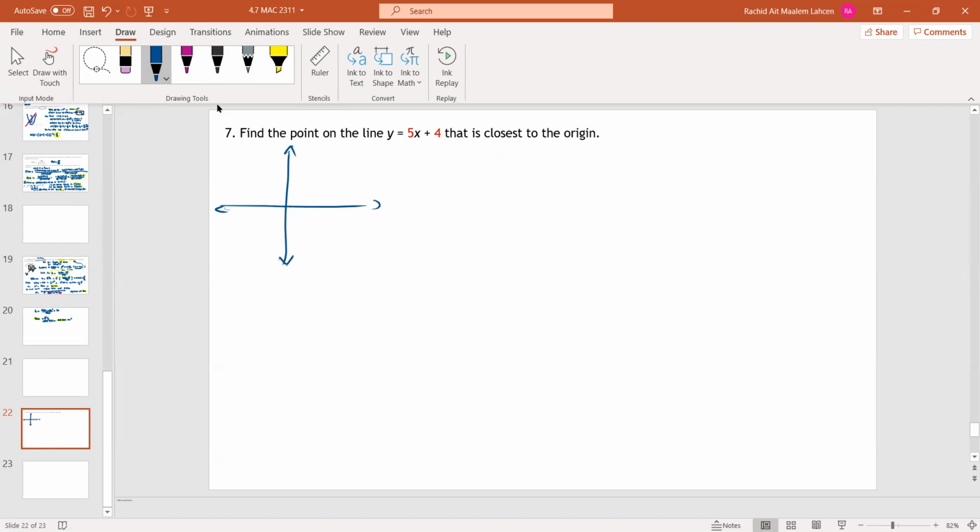The origin is 0, 0. And let's say 1, 2, 3, 4, this point here, and you do up 4, and you do the slope and you graph.